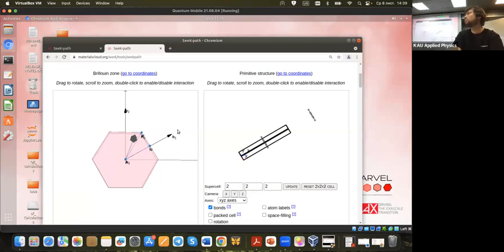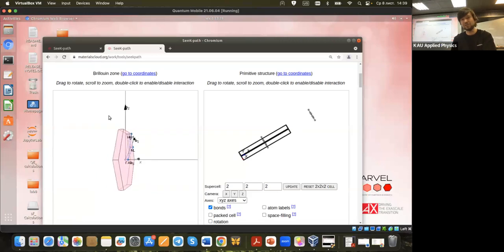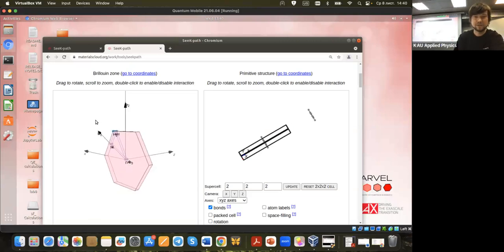If you are working with a 2D crystal, you should make it 2D in some way, and usually we do it by adding a vacuum layer. It will be like 20 angstroms of vacuum, and usually it's enough to remove any interactions between these layers. And this thing is rather thin.